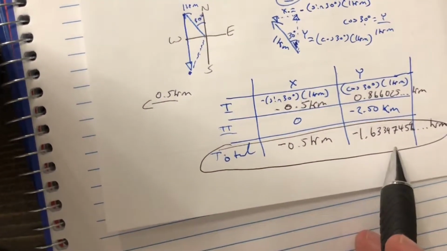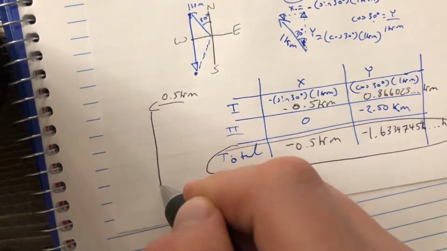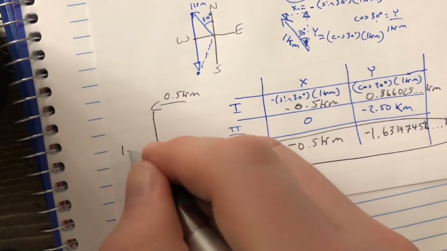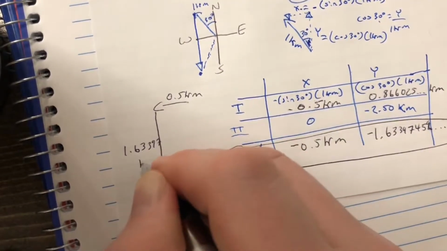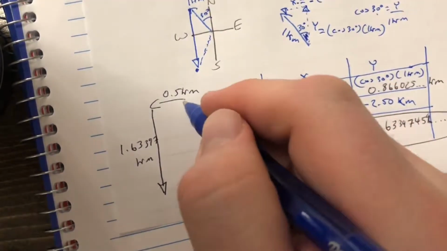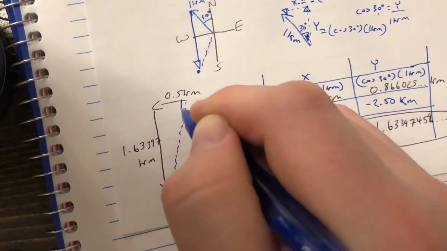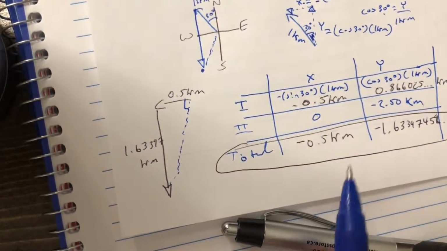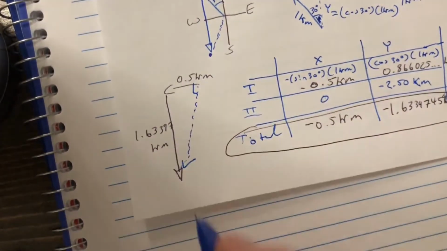And then negative 1.6339 means I'm going down quite a bit. 1.63397 kilometers this way. And what I'm trying to find is that resultant, that angle, as well as how long this line is.